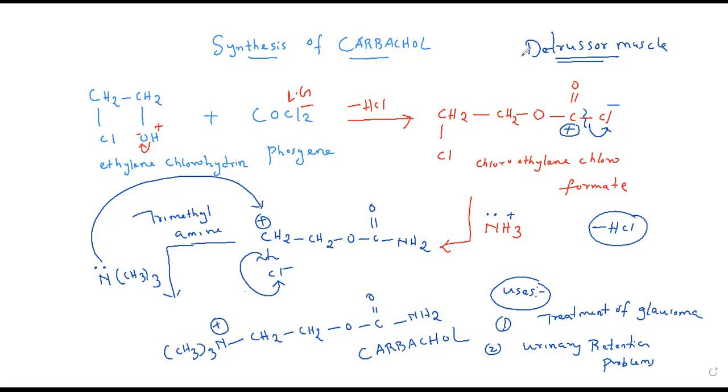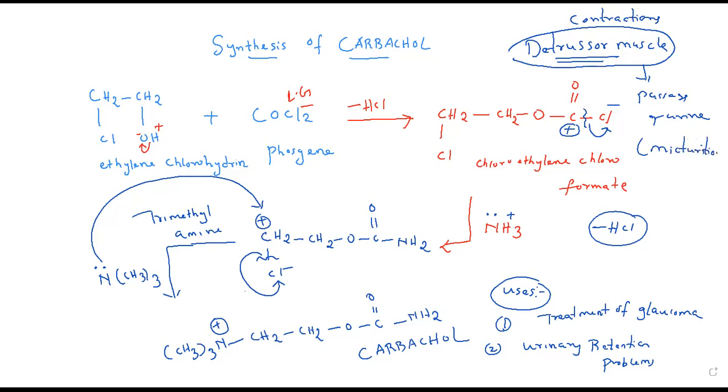If the patient wants to pass out the urine and you administer this drug called carbachol, carbachol is responsible for excessive contractions of the detrusor muscle. Excess contractions of the detrusor muscle will lead to passage of urine. This process we can call micturition.